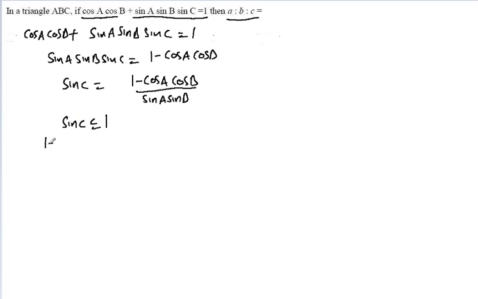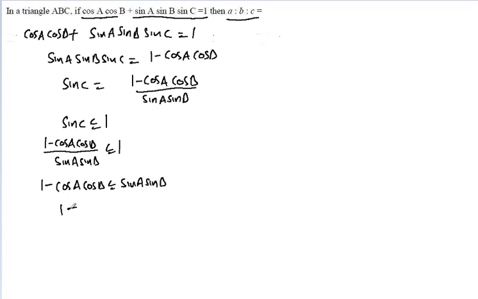So (1 minus cos A cos B) by (sin A sin B) is less than or equal to 1. That is, 1 minus cos A cos B is less than or equal to sin A sin B. That is, 1 is less than or equal to cos A cos B plus sin A sin B. That is 1 less than or equal to cos of (A minus B).